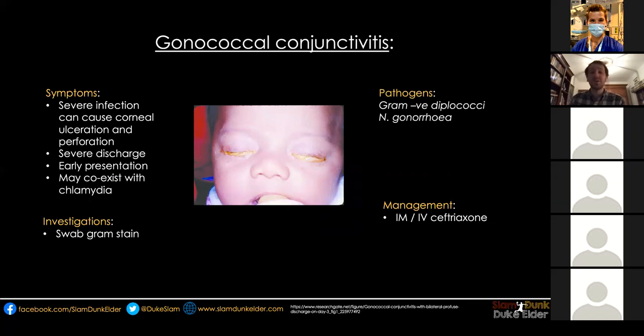So you need to do a swab and stain and treat with IM or IV ceftriaxone. But yeah, this is mother's STDs, with a higher transmission rate. So it's something to be aware of if a newborn has discharge from their eyes.